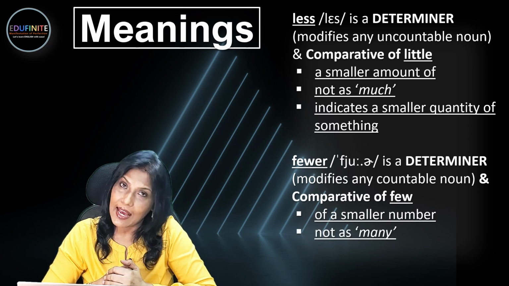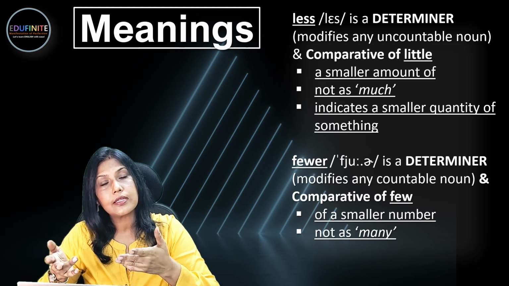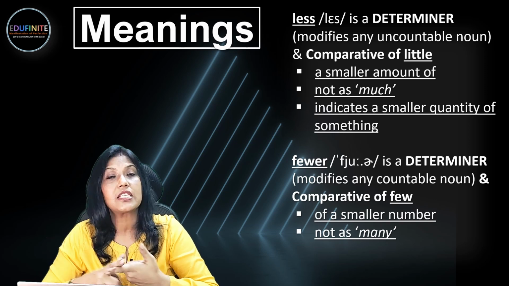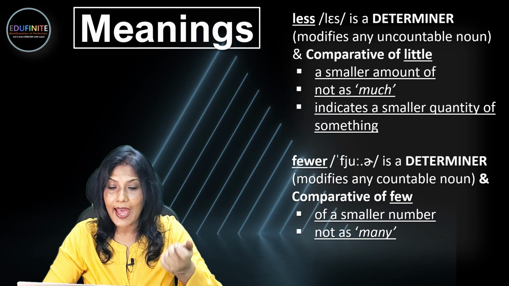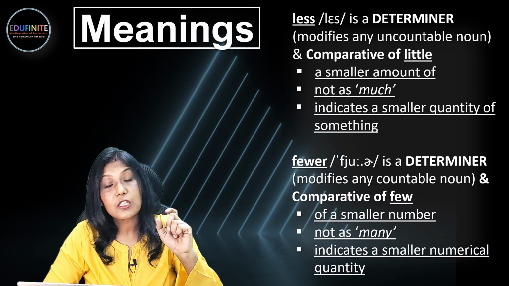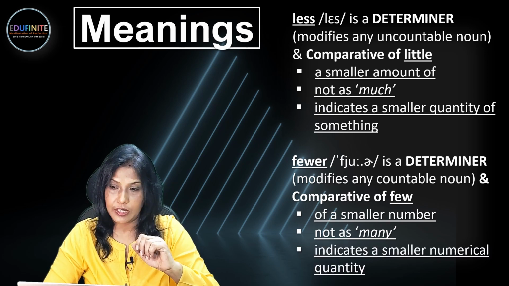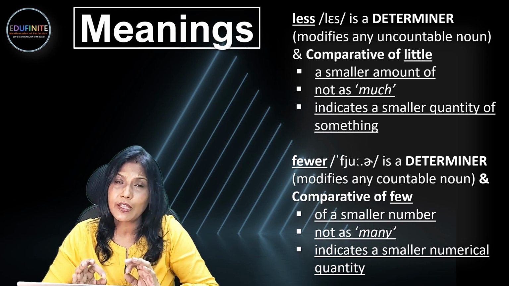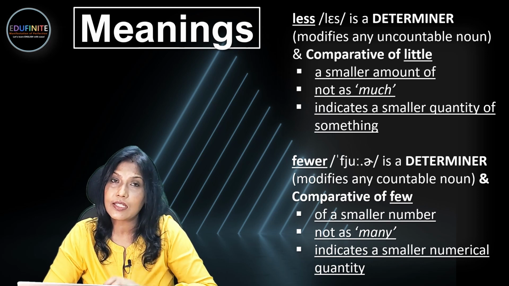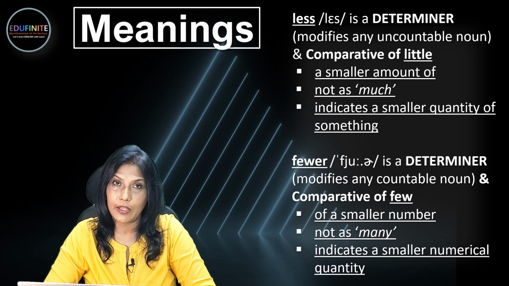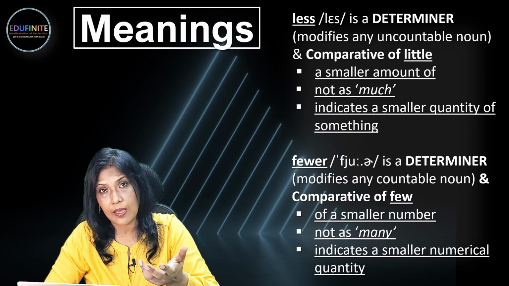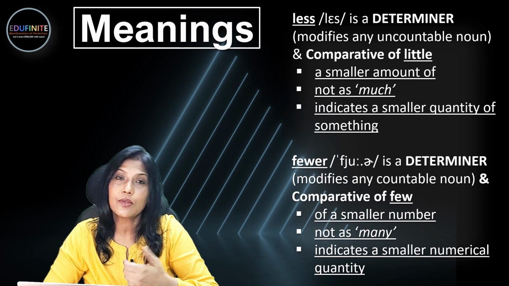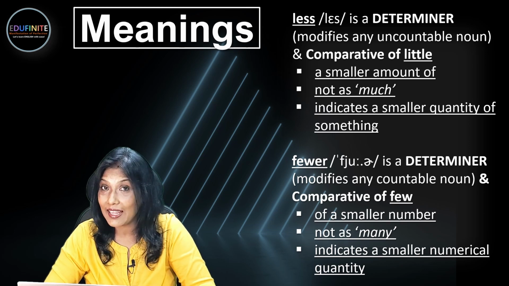Means not as many, because this determiner is associated with countable nouns. Indicates a smaller numerical quantity. So as I said, fewer is associated with any countable noun and less is associated with any uncountable noun. Now, of course, there are a few exceptions, and let's look into the sentences to understand it a little better.